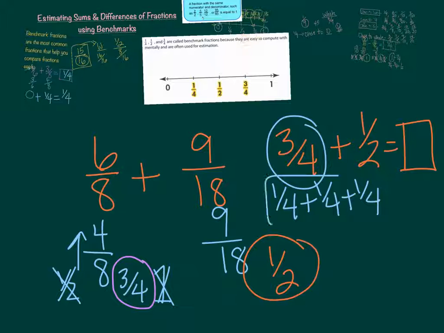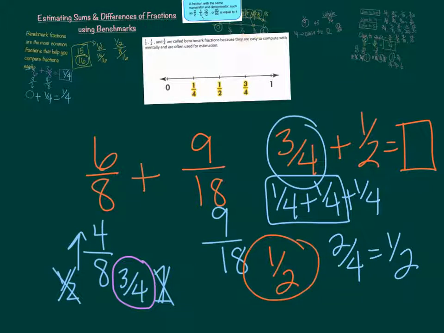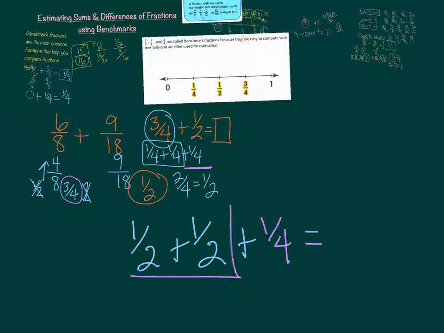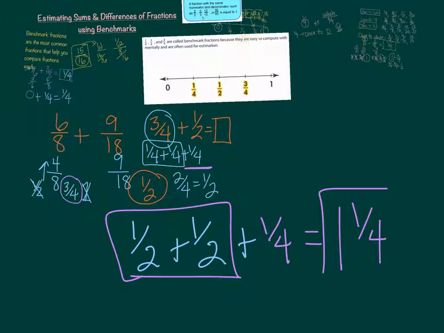And if I put 2 of these together, that equals 2/4. And 2/4 is the same as a half. So that would show that I have, let me make some more room, 1/2 plus 1/2 plus this 1/4 that was left over. So that would give me 1/2 and 1/2 equal 1 whole. So it would be 1 and 1/4.